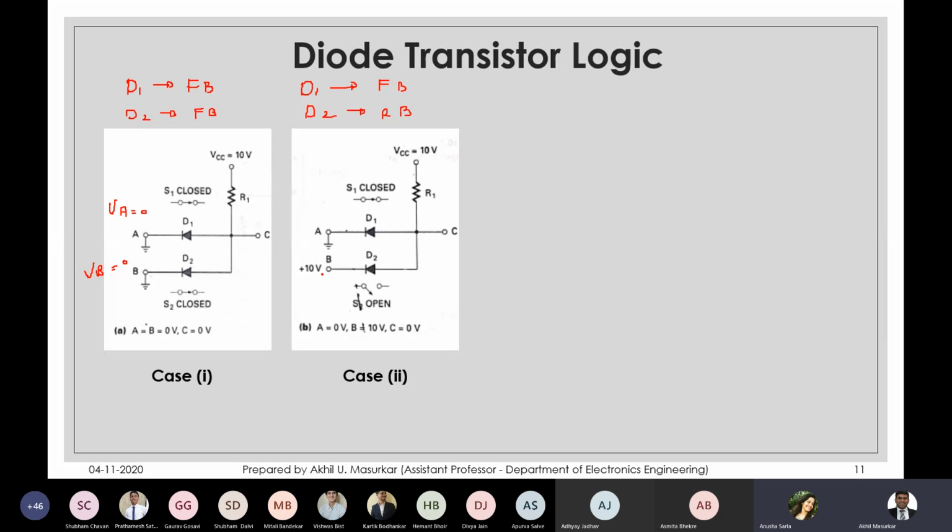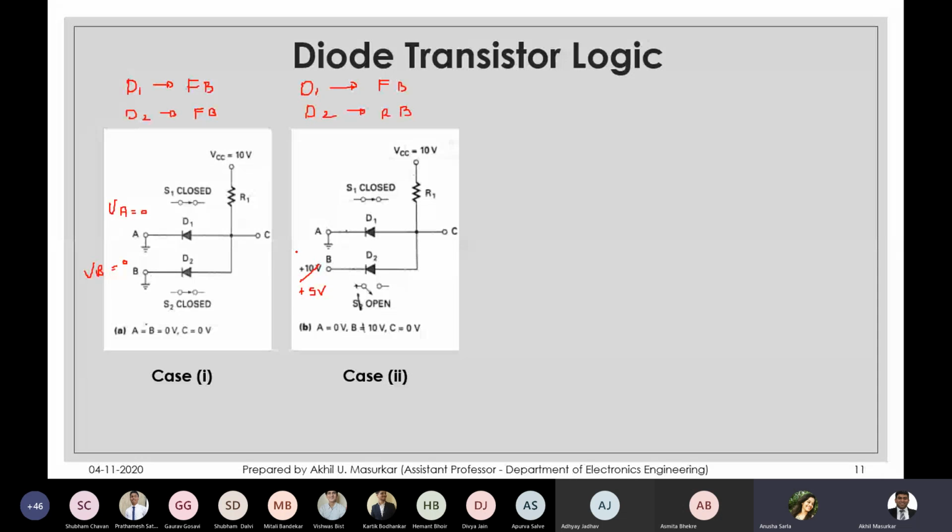Because the N terminal is connected to plus 10 volt. Okay. By chance, if I make this 10 volts to plus 5 volts, just for the sake, will D2 be forward or reverse? Sir, forward. It will be forward bias.